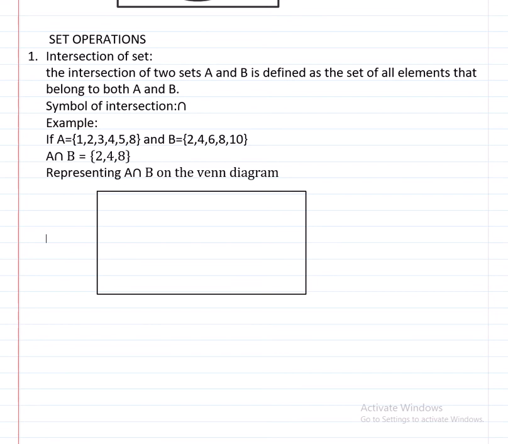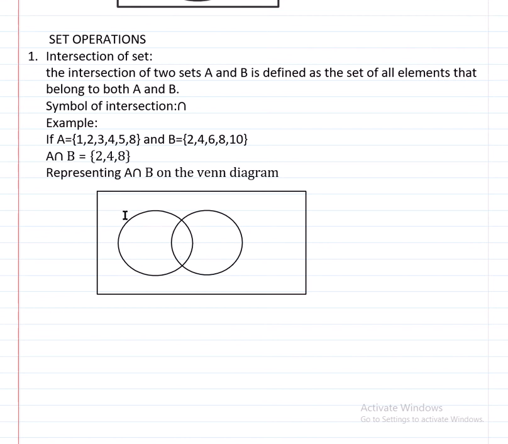Then let's bring our set A here, and our set B also here. They intersect, so we should make the intersection there. Set A and set B intersect each other, and this is the intersection.